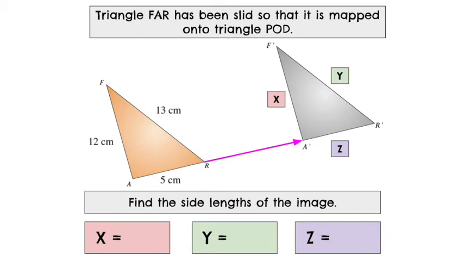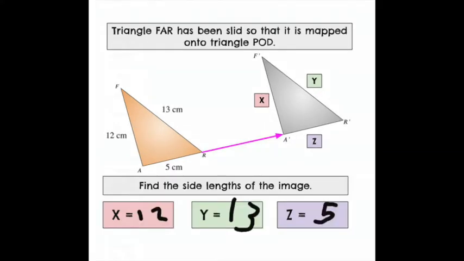Okay, so we have a couple of ideas, and what I'm going to do is ask one or two people to share out loud to get our brain juices flowing a little bit more. So let's see. Louis, Bruno, I see that you have X is 12, Y is 13, and Z is 5.